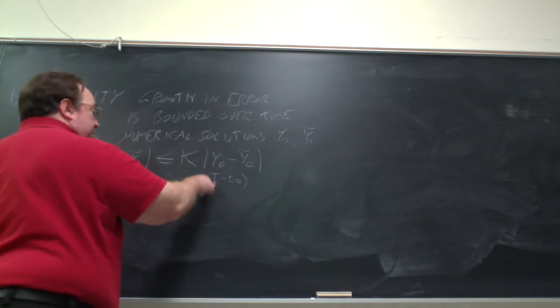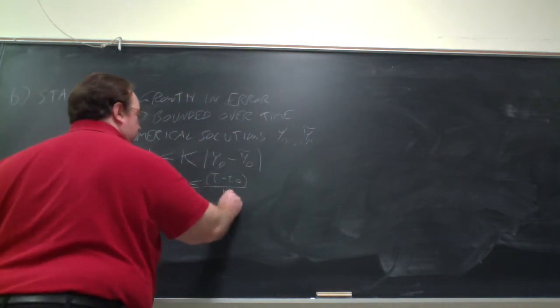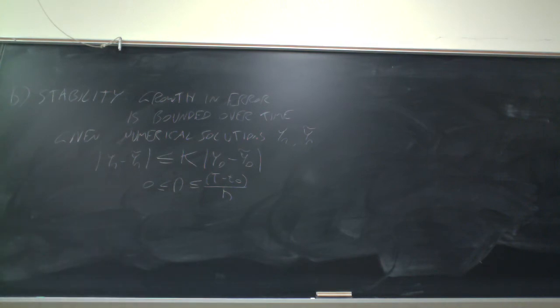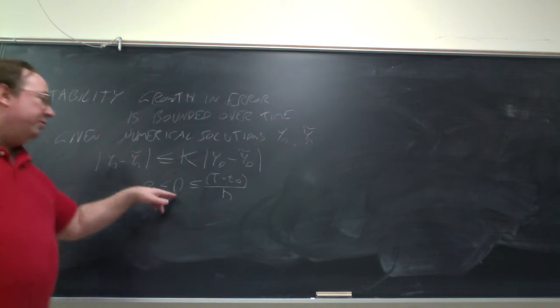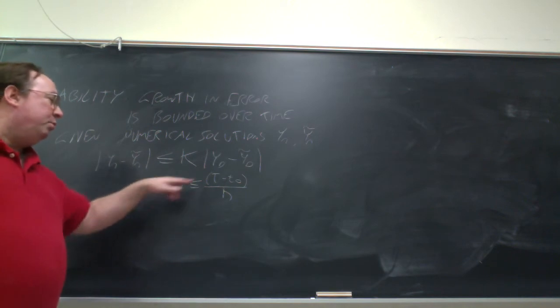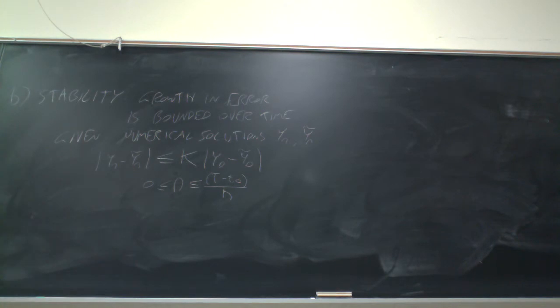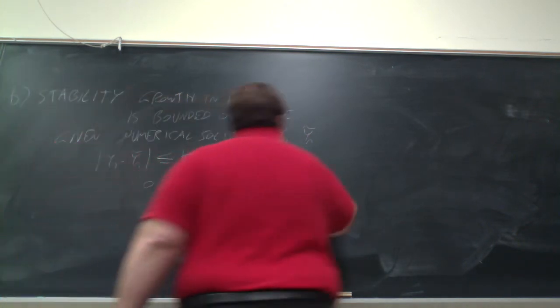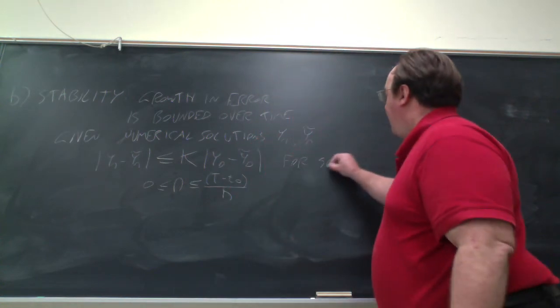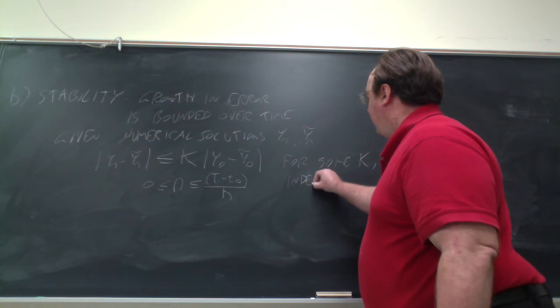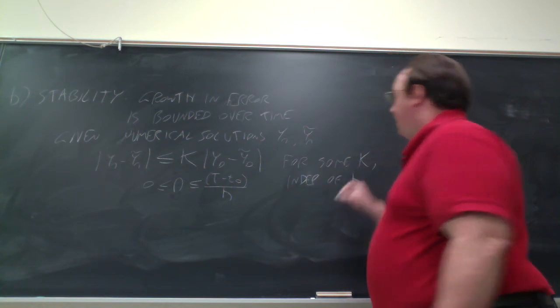So you're still going up to a fixed final time, but this value here is the maximum number of time steps you can take for a given h. Now, the number of time steps could become infinite, but the point is you're still dealing with a fixed finite interval in time that you're time stepping over. So this has to be true for some constant k, and the constant k must be independent of h.